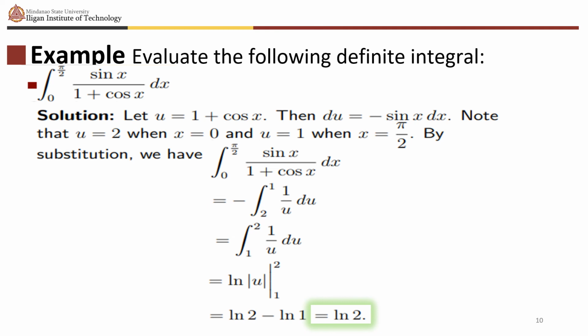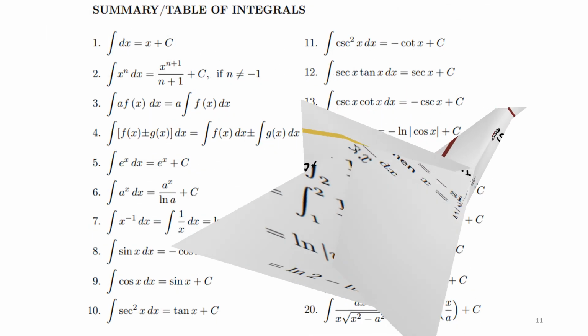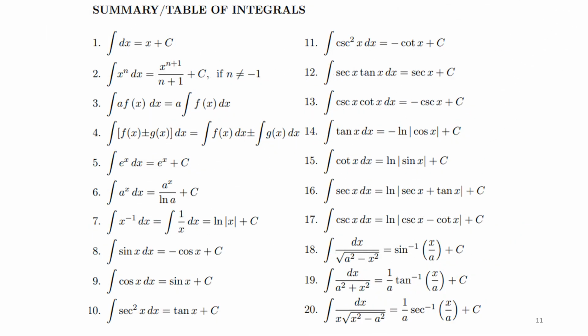Now, here's the summary. For the summary or table of integrals, we have the following. You can make use of this to recall all the formulas. The integral of dx is equal to x plus c.